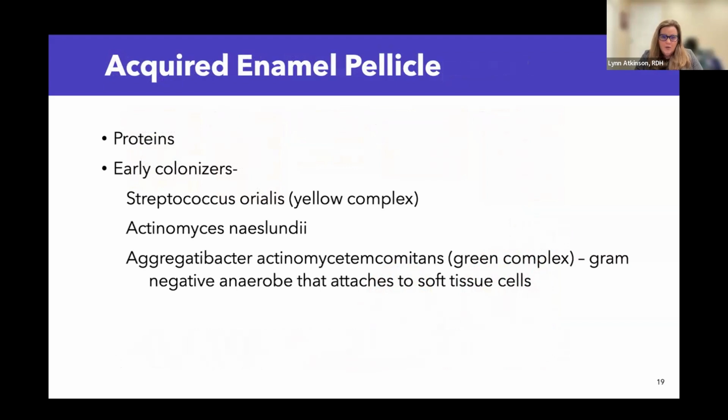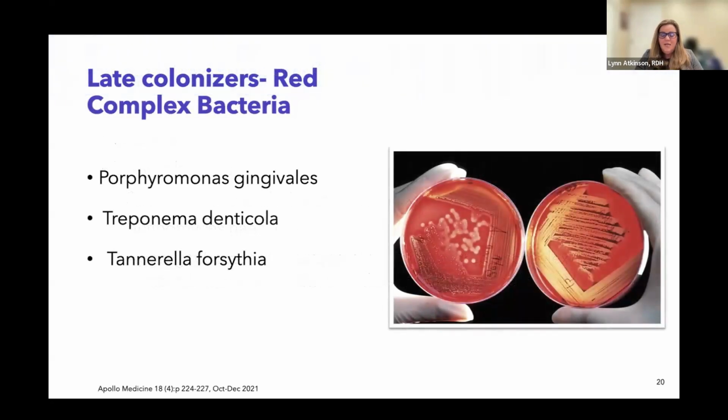That acquired enamel pellicle contains proteins and also bacteria. These early colonizers, the Streptococcus, the Actinomyces, the Aggregatibacter, and Actinomycetes, are the green complex. So the yellow and the green complex are the gram-negative anaerobes that attach to soft tissue cells, so they can live in that environment.